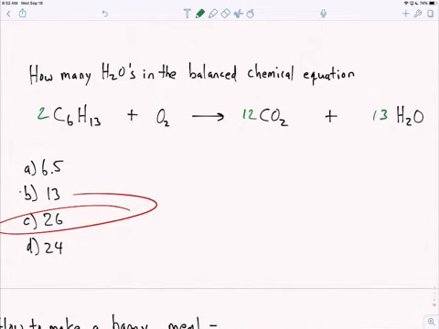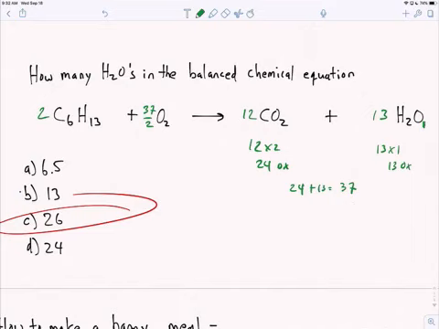Now we've balanced carbon and hydrogen. Now we need to balance the oxygen. On the right side of the equation, we have 12 times 2, or 24 oxygens. And here we have 13 times 1, or 13 oxygens. 24 plus 13 is 37, which means we have a 37 halves ratio of the O2s.